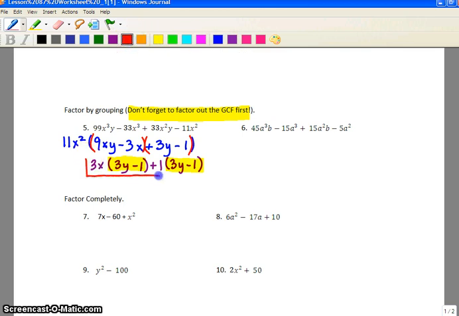I'm going to go ahead and take out that 3y minus 1. When I do that, in this first term, I'm left with a 3x. Take out that 3y minus 1, and I'm left with a plus 1. Now my rules are not changing. Whenever I'm factoring, whatever is on the outside here is going to stay on the outside.